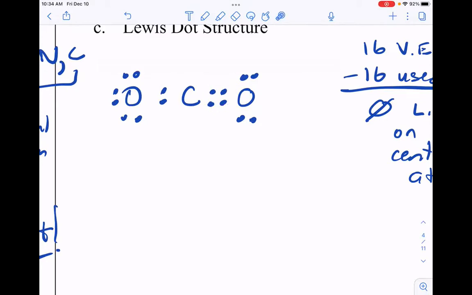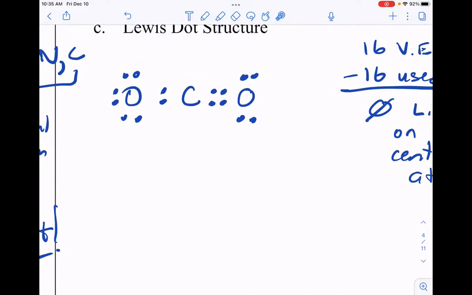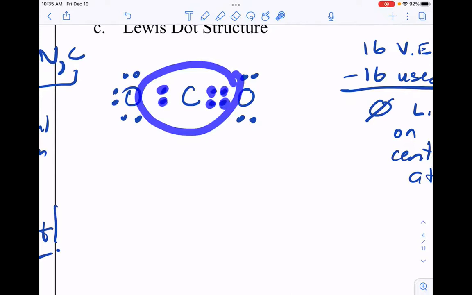And so notice how I didn't take this lone pair and transfer it to the other oxygen. This lone pair has to stay between the original owner of the lone pair and the central atom. Okay. And so if you draw a circle around this, I have 1, 2, 3, 4, 5, 6.